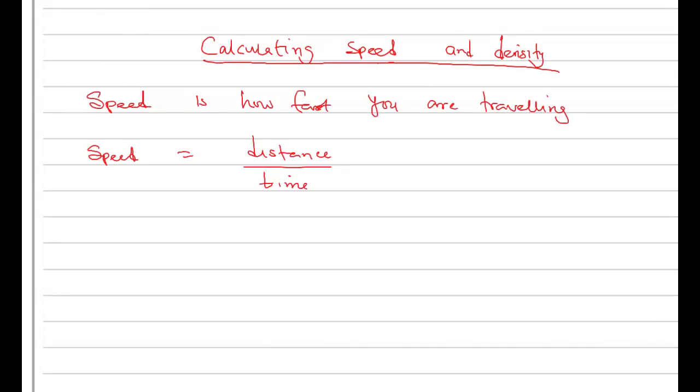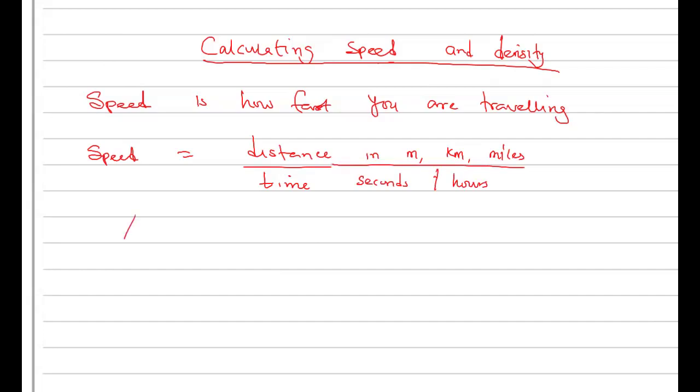Don't forget that distance can be in meters, kilometers, or miles, while time can be in seconds and also in hours. So that is the formula for speed.